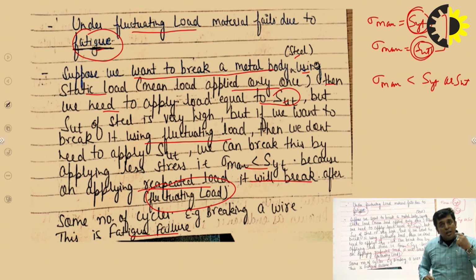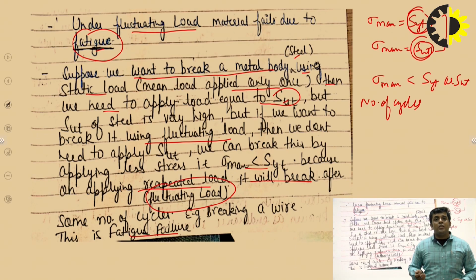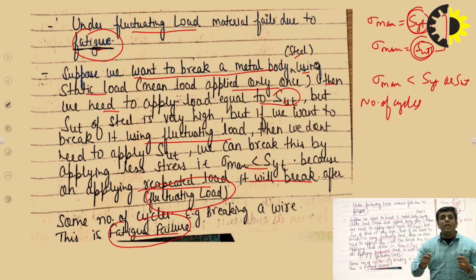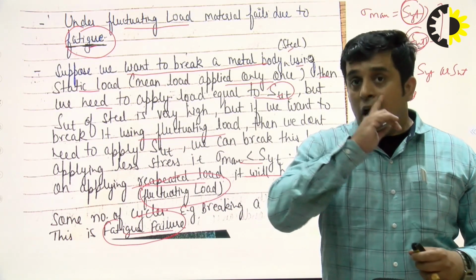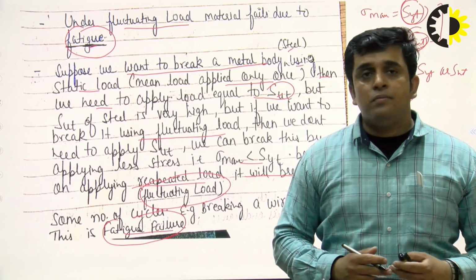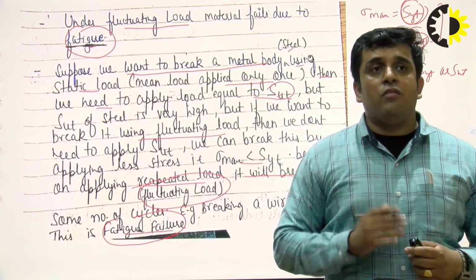You are applying this stress for a certain number of cycles. Applying a stress lesser than SYT or SUT for a certain number of cycles is known as fatigue failure. I hope you have understood the concept of fatigue failure. Thank you.